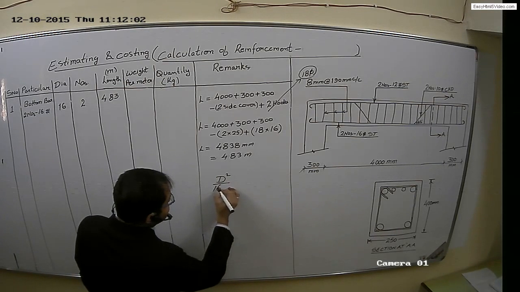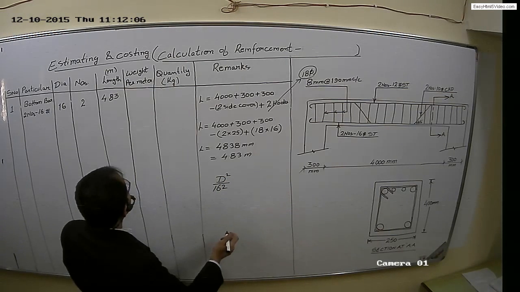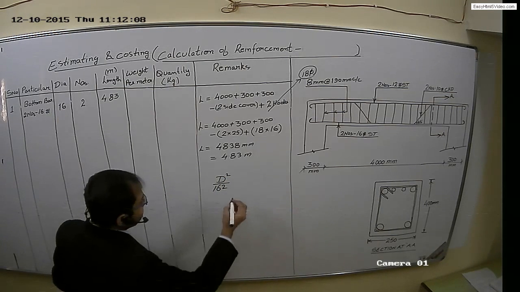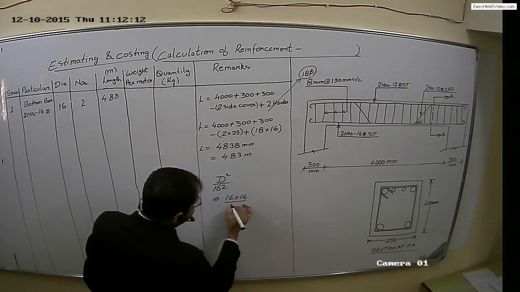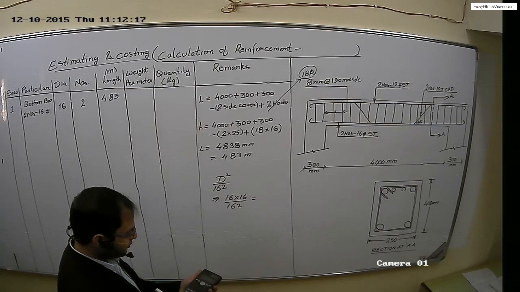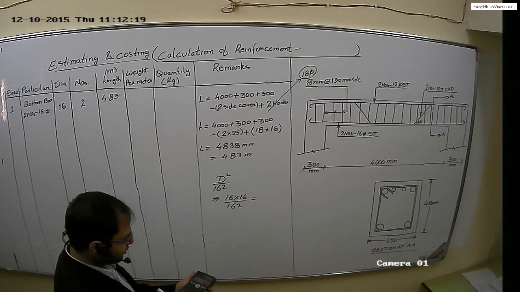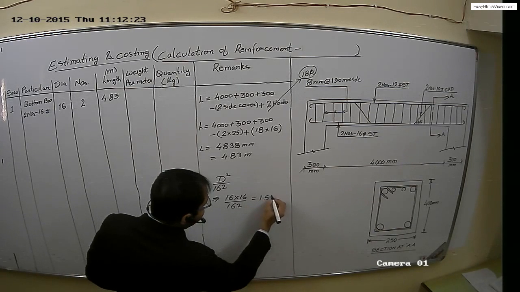Now the weight per meter of 16 mm dia bar can be calculated by a simple formula, d square divided by 162, where d is the diameter of the bar. So for 16 mm dia bar, we will calculate 16 into 16 divided by 162, which comes out to be 1.58 kg per meter.